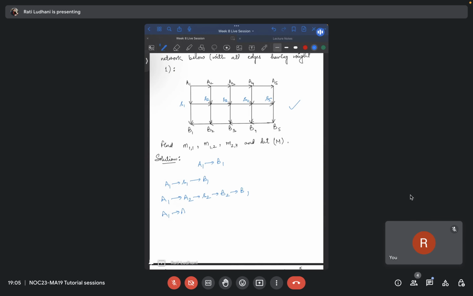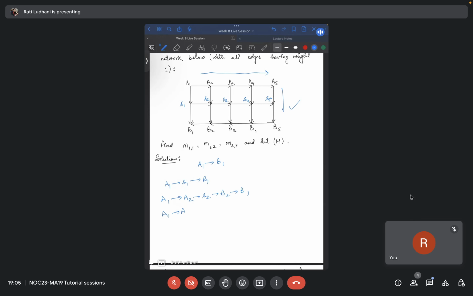So let's see if we can get some formula, because it will be hard otherwise. Okay, so what we are doing, let's see some pattern. You have A1, A2, A3, A4, A5, and you are going from here to here. What is allowed? You can go right, you can go downward.